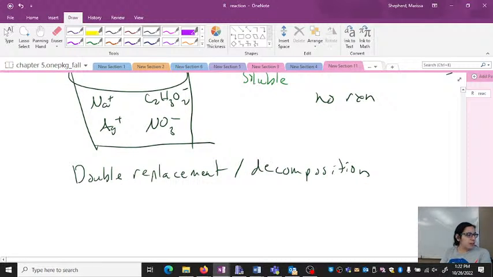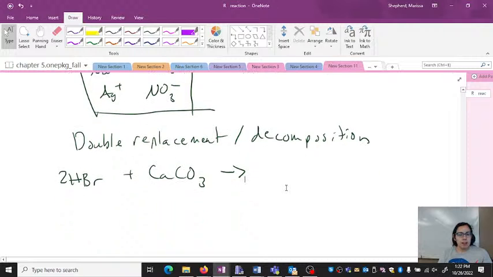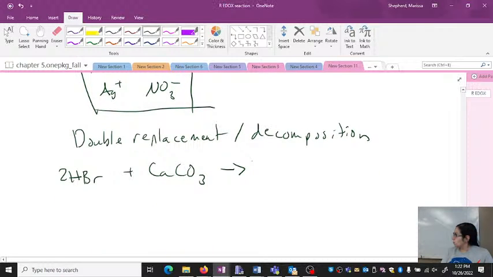Those tend to occur, so let's look at your example. You had hydrobromic acid plus calcium carbonate. Let's first figure out how they get the decomposition. You could treat it like a double replacement reaction, because that's what you would expect it to do.